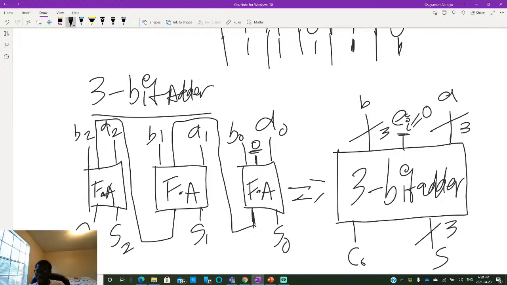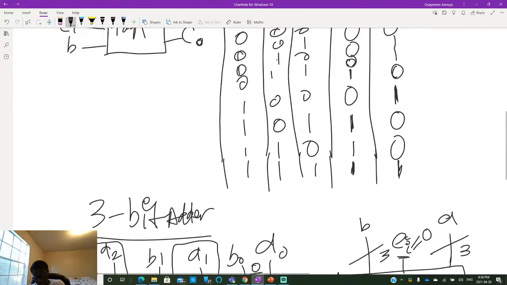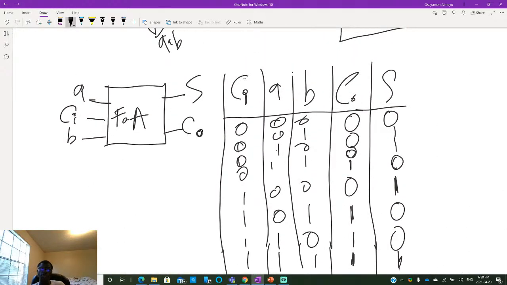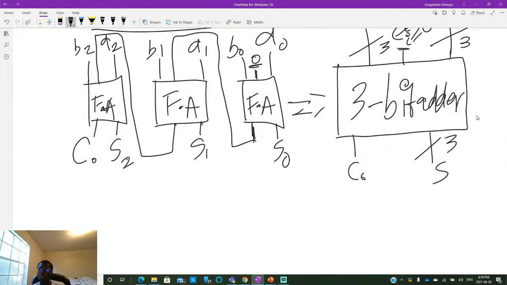Notice that it looks quite similar to the full adder, so you can concatenate this with multiple other adders to get different adder blocks.